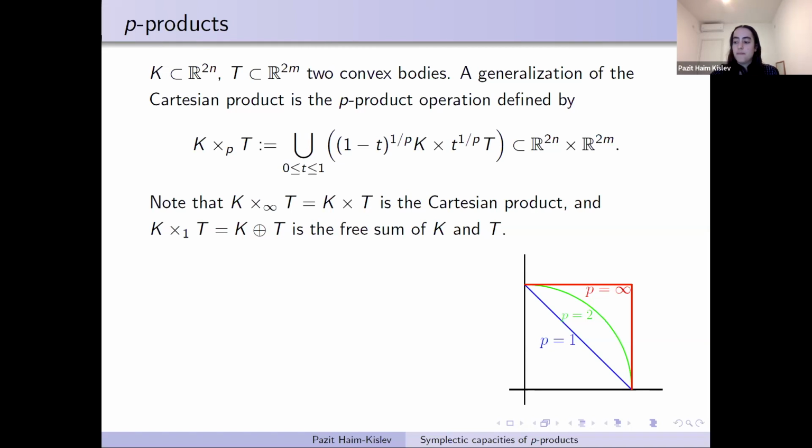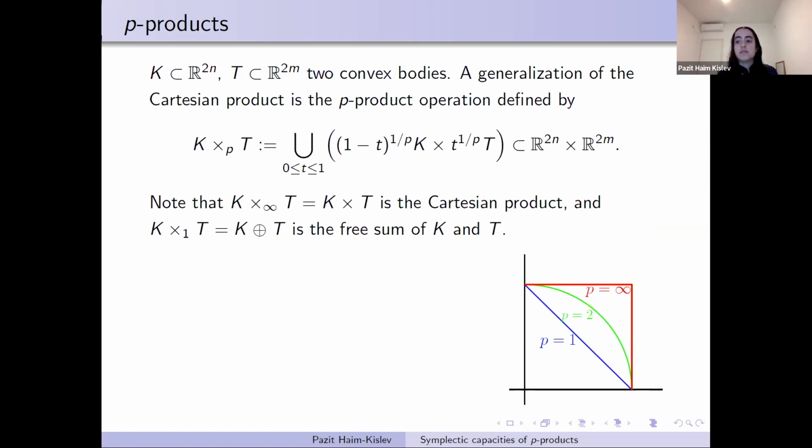Right, so if we take the 1-product, it is the convex hull of K times 0 and 0 times T. And if we look at the infinity product, then it's the Cartesian product. If p1 is smaller than p2, then the p1-product is contained in the p2-product.